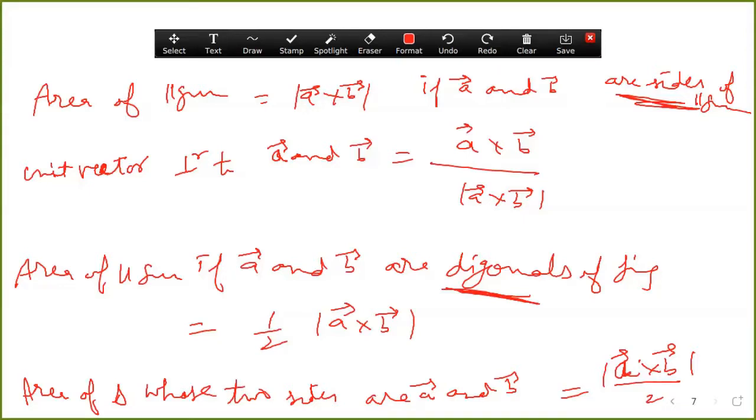Let's do a few questions of exercise 10.3. Open your NCERT book.